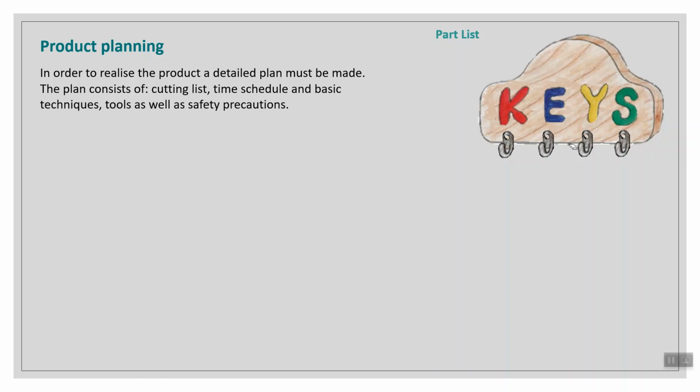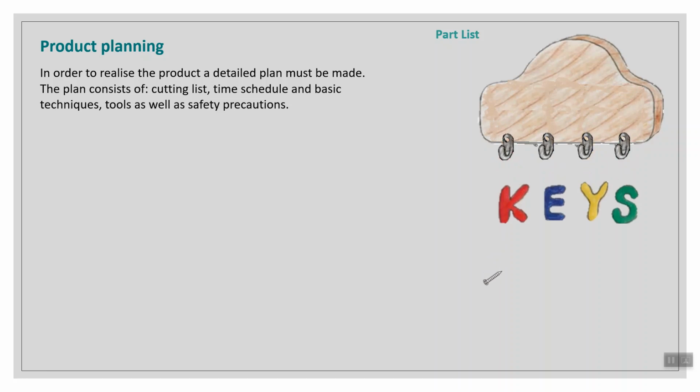Then there are the hooks, which are themselves fixed with screws. So there are different parts that make the product. Okay, so we can make an exploded view of the product I have designed and show all parts that exist. So this is called a part list.